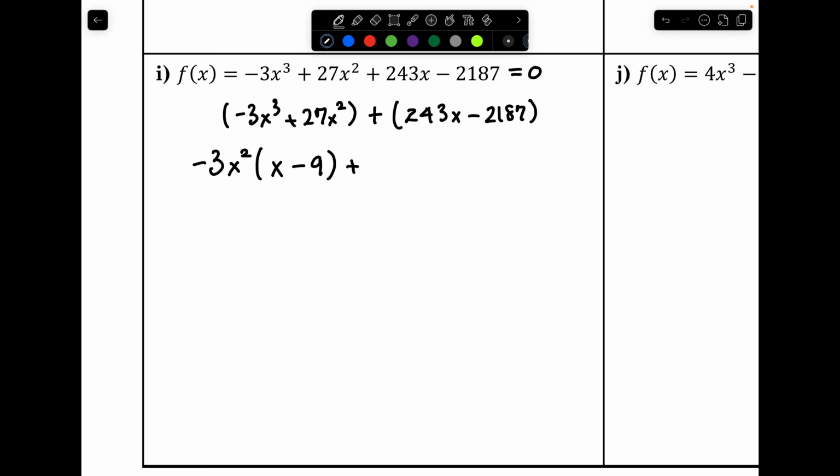Put our plus sign, and again, we should be able to find a common factor that leaves us with an x minus 9 as well when we find the greatest common factor among these two terms here. Like I mentioned before in the previous examples, if this technique works, then this is going to be true every single time.